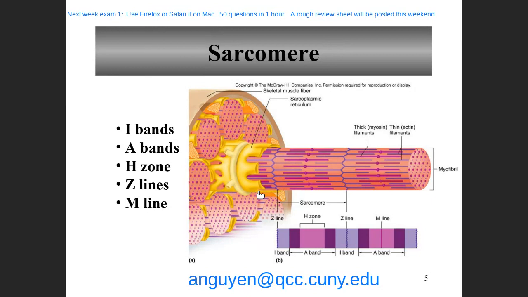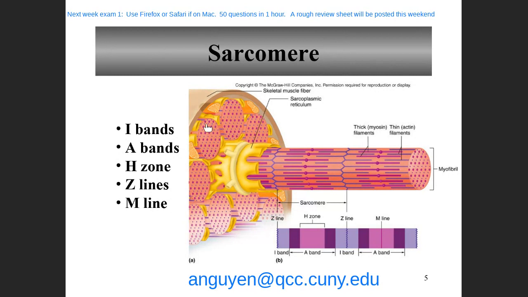The key here is that its function is to store calcium. What's the answer? Anybody know the answer? Sarcoplasmic reticulum. Yeah, the sarcoplasmic reticulum stores calcium. Okay, that's the key.